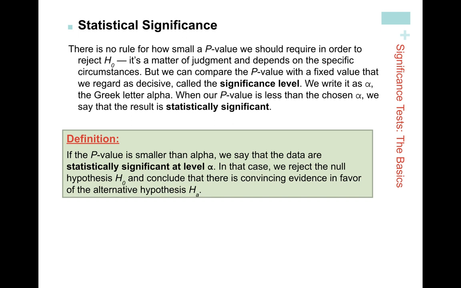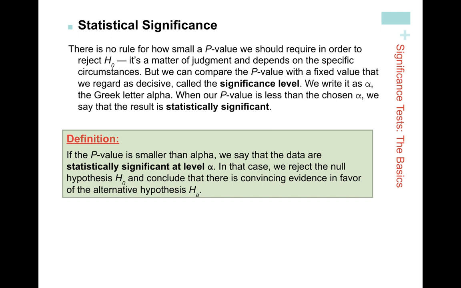If your p-value comes back smaller than alpha, let's say you get a p-value of 1%, what does that mean? It means that given that the null hypothesis is true, we would get a sample result this extreme or more extreme only 1% of the time.